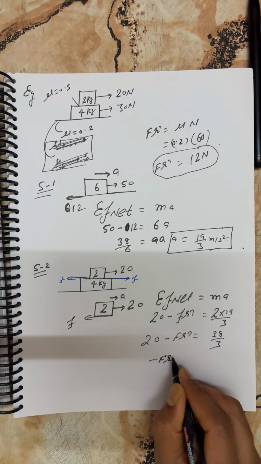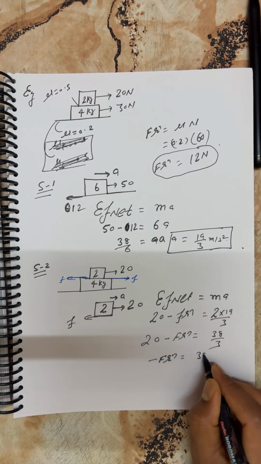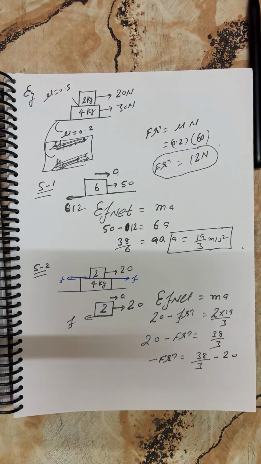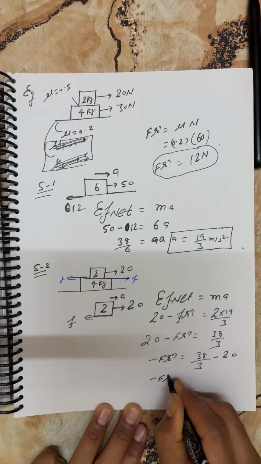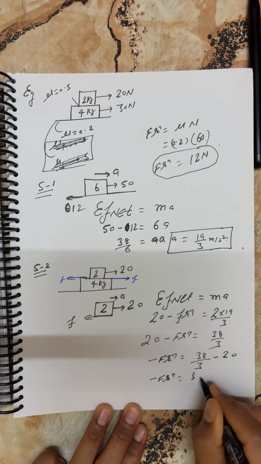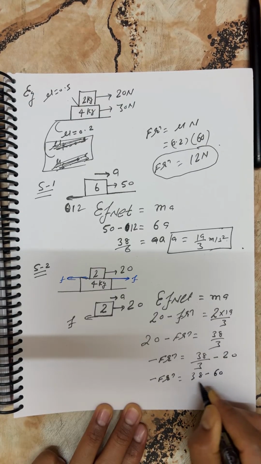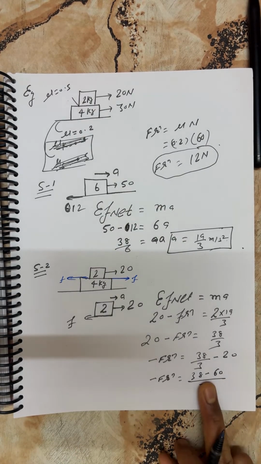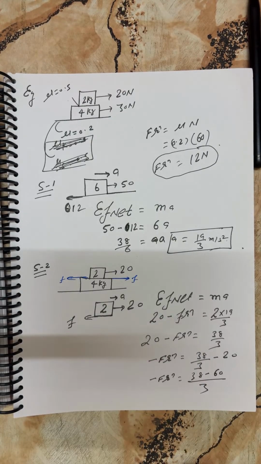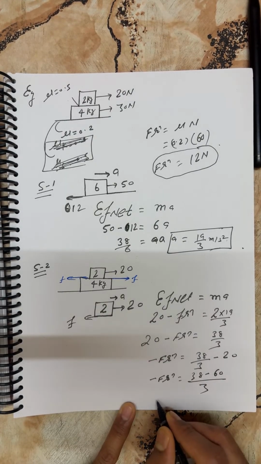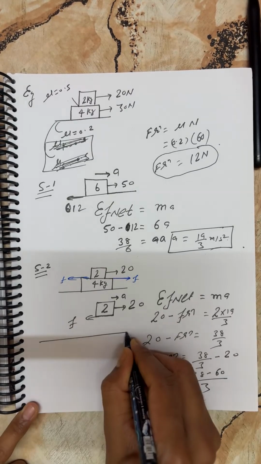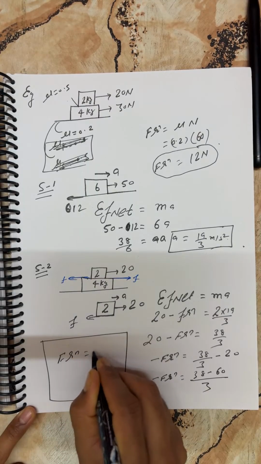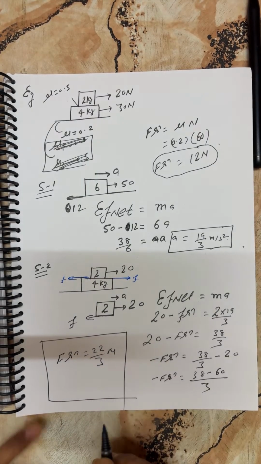Students, you can just solve further here. Friction is equal to 38 by 3 minus 20. So friction is equal to (38 minus 60) by 3. So this is coming 38, 22, minus here. Finally, the answer: friction is equal to 22 by 3 Newton.